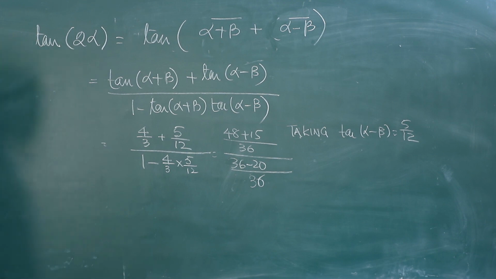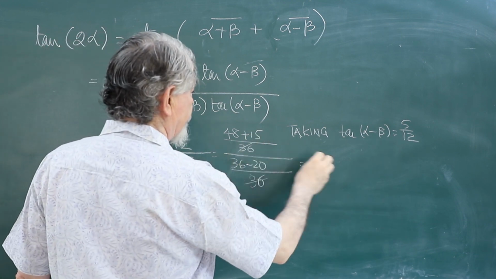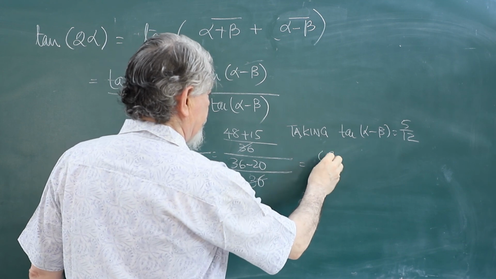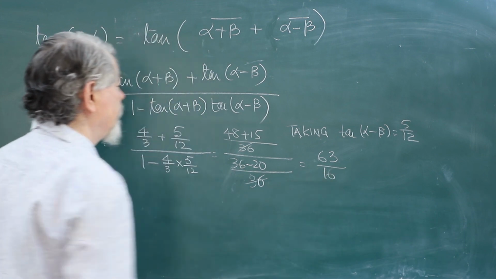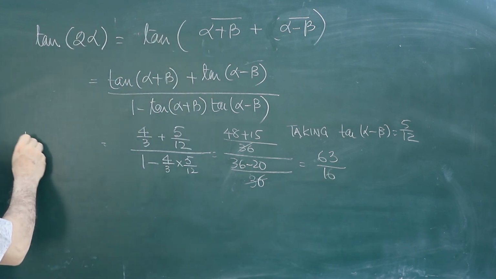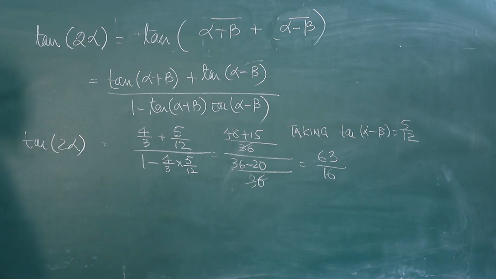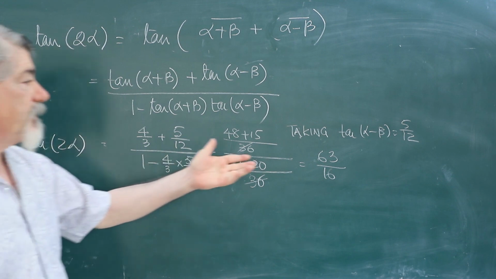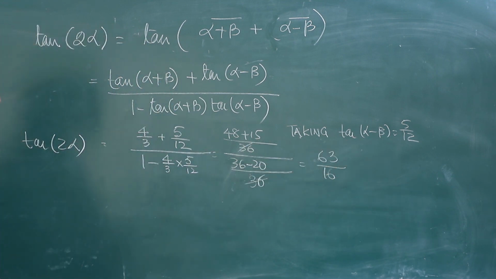So 36 will cancel, you will get 48 plus 15, 63 upon 36 minus 20, 16. So tan 2 alpha is equal to 63 upon 16. Tan 2 alpha is 63 upon 16 when I have taken tan alpha minus beta as 5 upon 12.